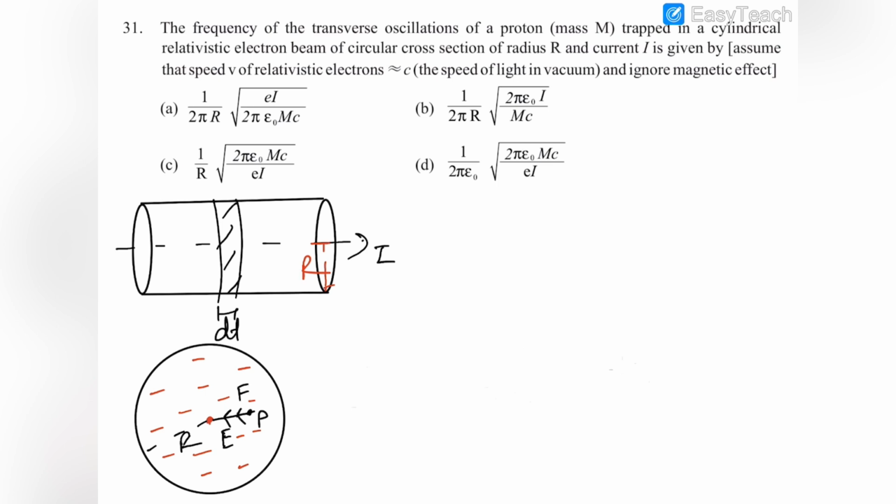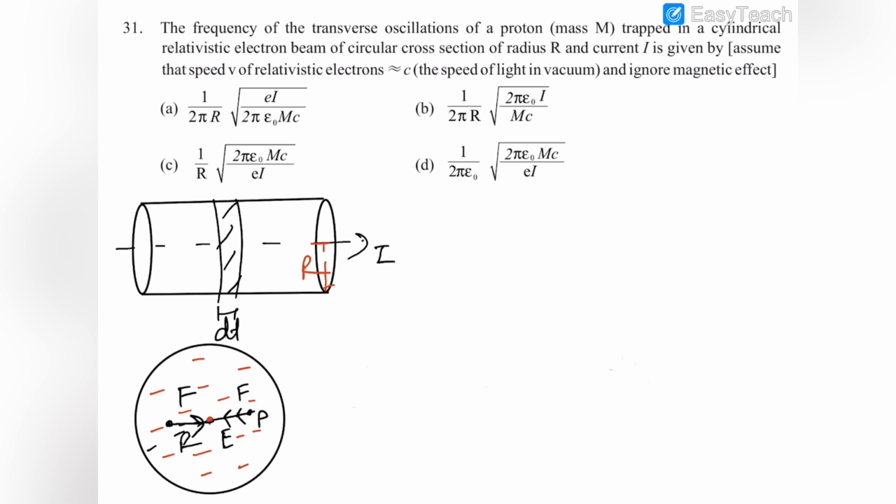Now the proton will cross the central axis of the cylinder and go to this point, and therefore the force will start to act like that. So this proton will oscillate about the axis of the cylinder due to the electric field of electrons.